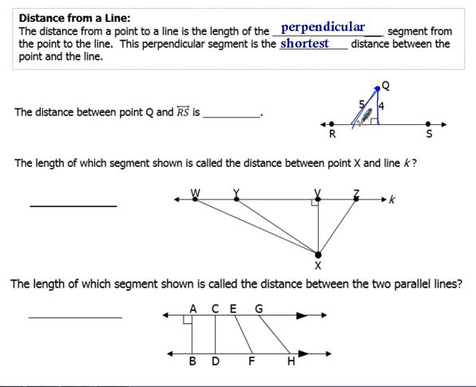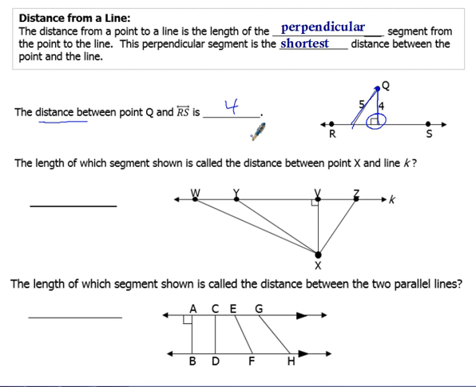Both of those are technically segments that go from Q to RS. But when we ask for the distance, we want to know the shortest possible distance. So we want the perpendicular segment. That would be 4.